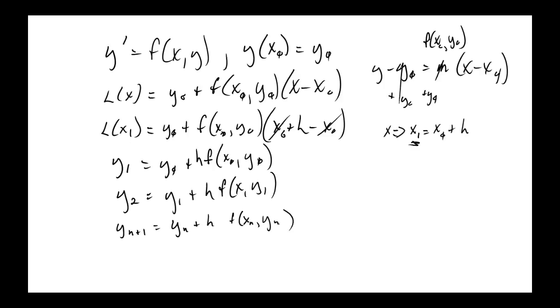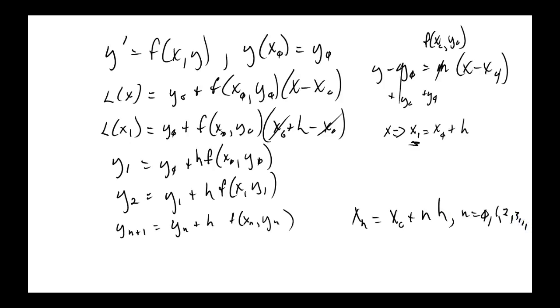Your h is a fixed increment, so your x sub n is equal to x sub 0 plus n h, in increments down the road, where n is 0, 1, 2, 3, and so on.